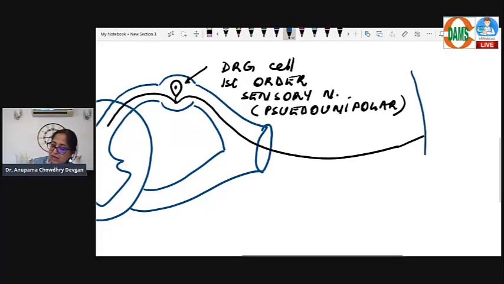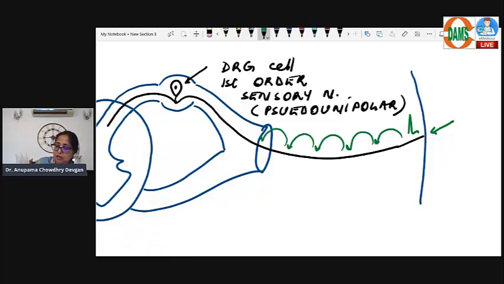So when I give a sensory stimulus on the skin, like for instance, vibration, then the action potential is generated in the first node of Ranvier. We've done that already last time. And this action potential will jump from node to node. It will go via this peripheral process and via the central process towards the spinal cord, right?